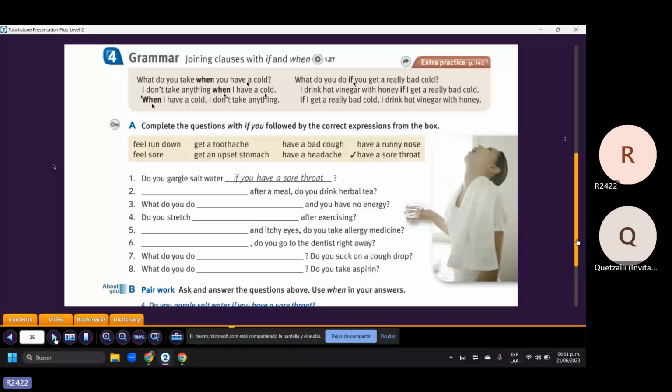Haces gárgaras, porque es una pregunta, ¿haces gárgaras con agua salada si tienes dolor o molestias en la garganta? Okay. Entonces continuamos de la 2 a la 8.